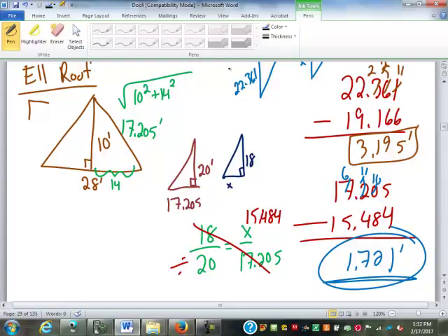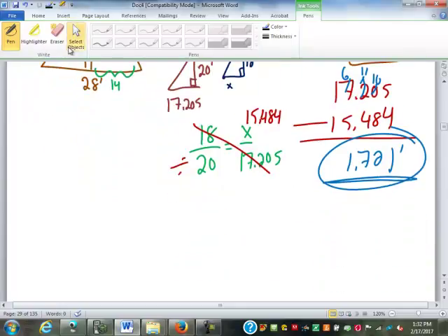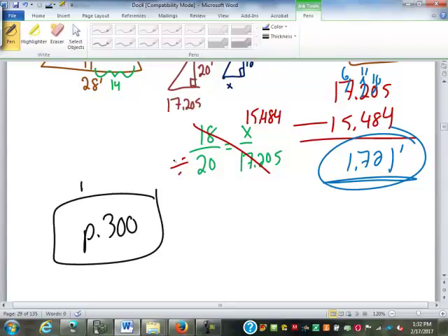So now, on top of what we did yesterday, in our packet, we want to look at page 300, number 1 down there. This is an unconventional hip.